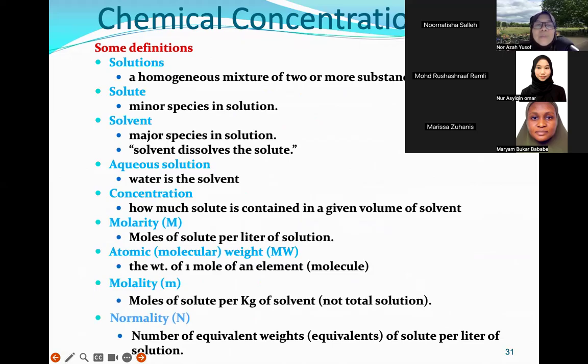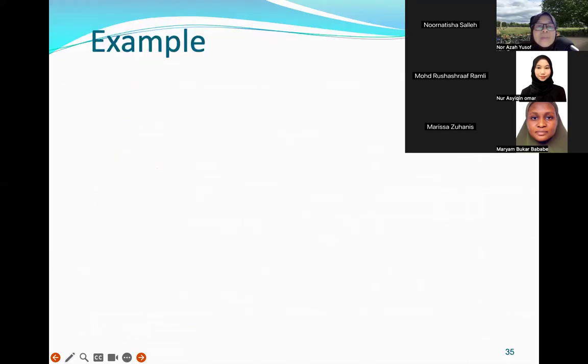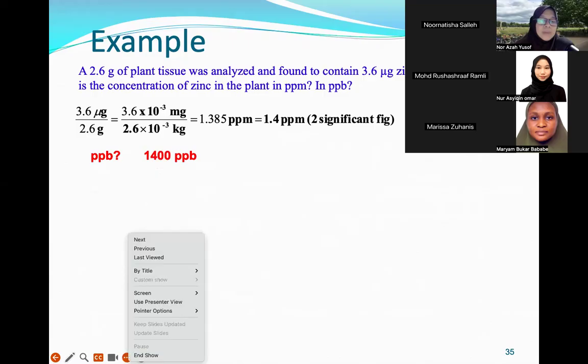What is the meaning of solution, solute, solvent? When you know all this, it's easier for you to answer the questions. The same goes for units. All right, let me skip this one.